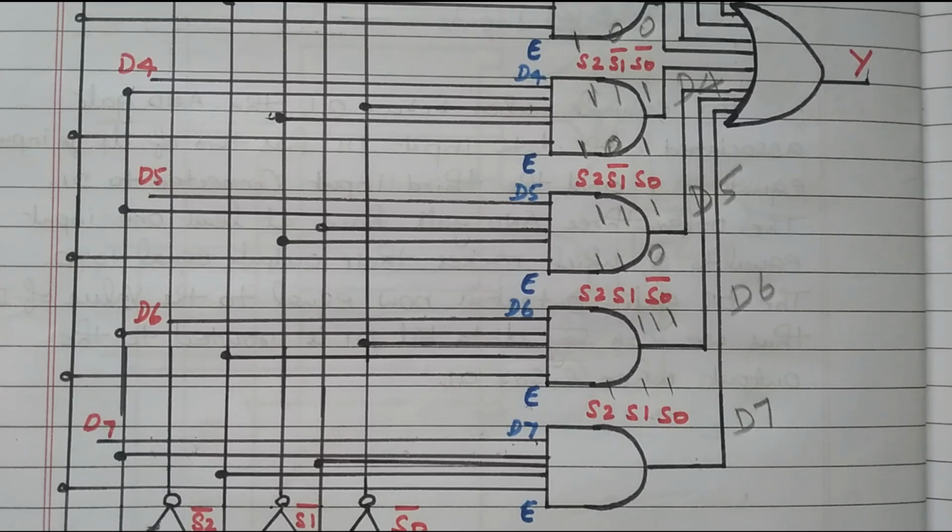In each AND gate, one input is enable, another input is the data line, and the remaining 3 inputs are selection lines, totally 5 inputs. The enable is always 1, so the data line is available. Based on the selection lines, the particular data line input is available at the output. For that we have 8 combinations, which we discussed with the truth table along with the logic diagram.